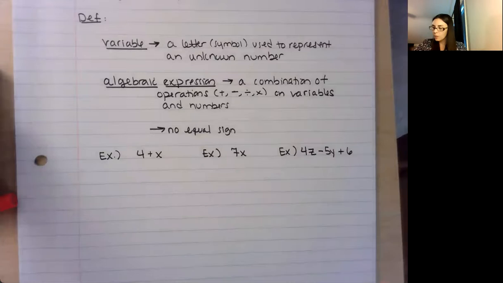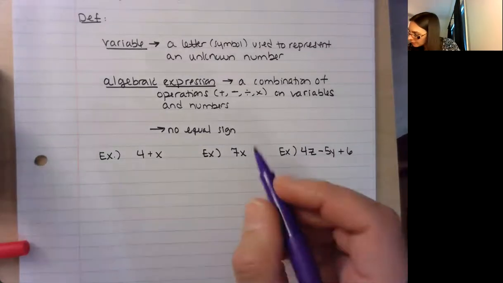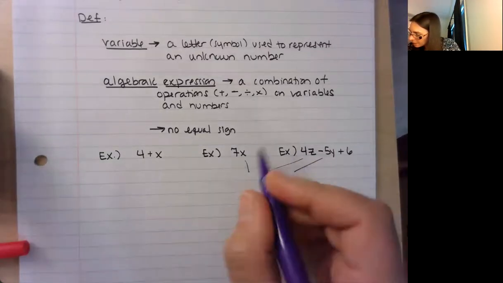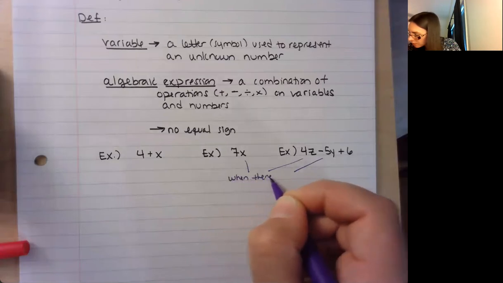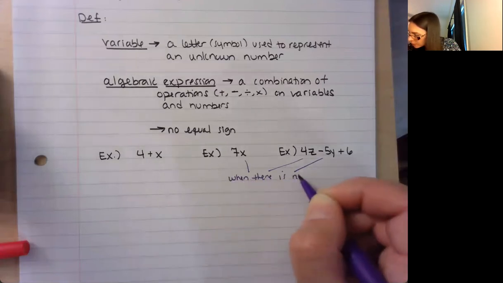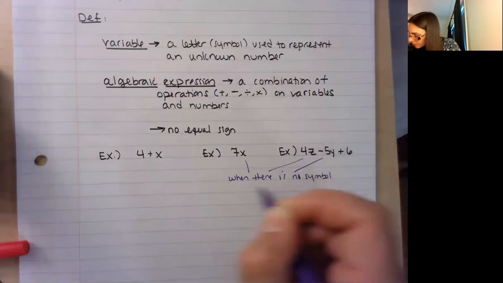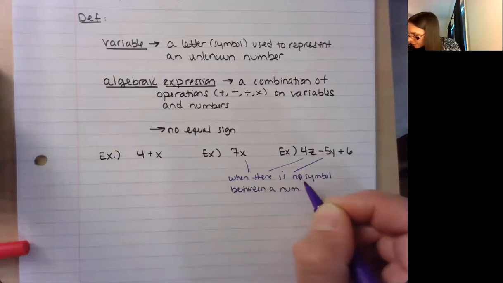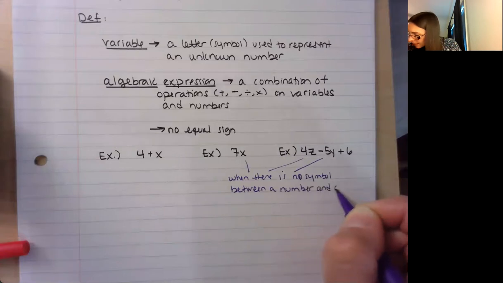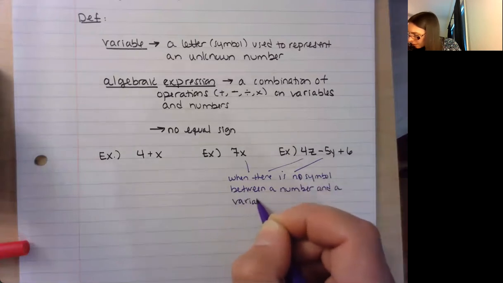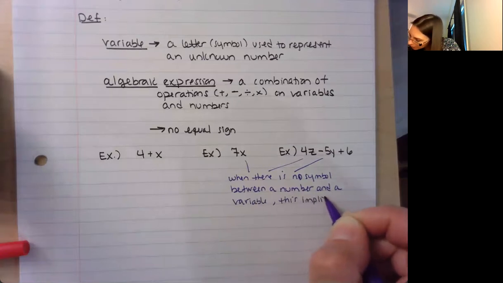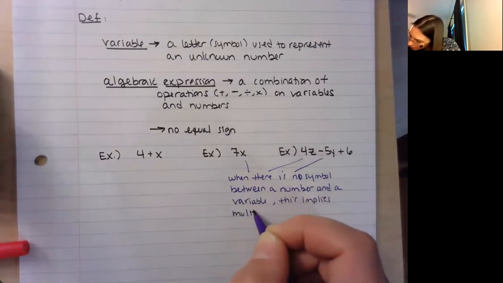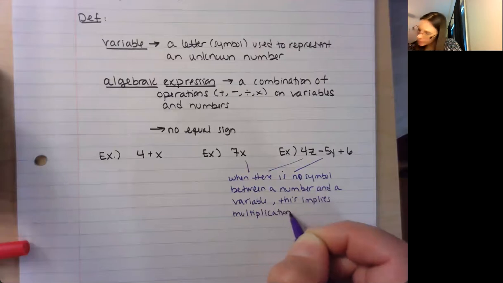Now, one thing I'll note is that when there is no symbol between a number and a variable, this implies multiplication.